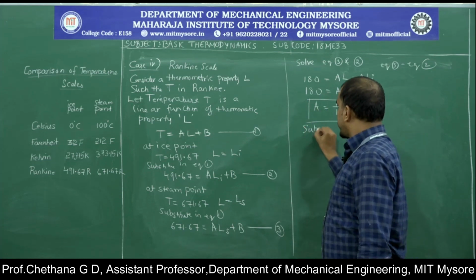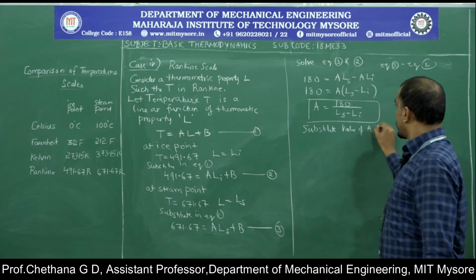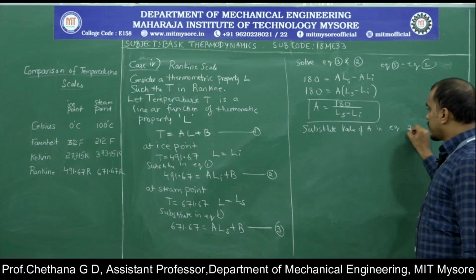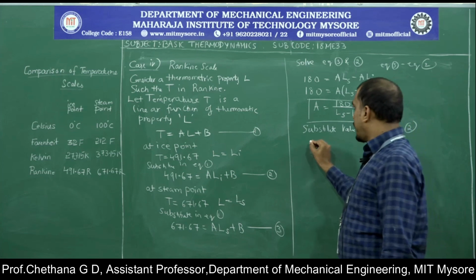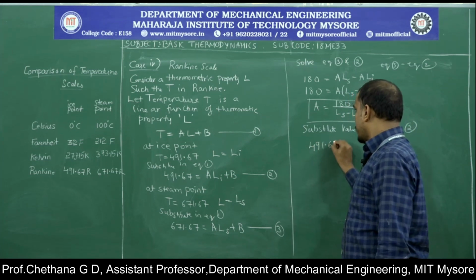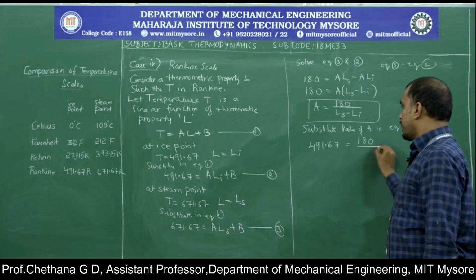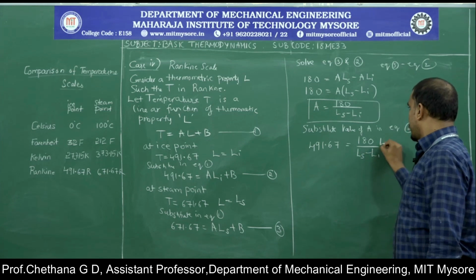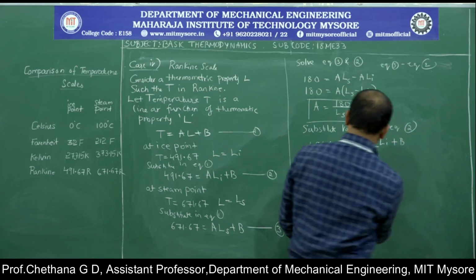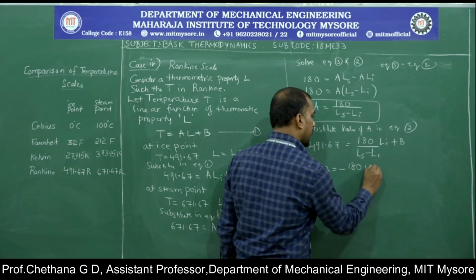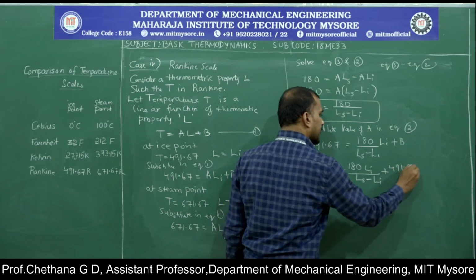Substitute the value of A in equation 2 to get the value of B. Therefore, the value of B is equal to minus 180 Li divided by Ls minus Li plus 491.67.